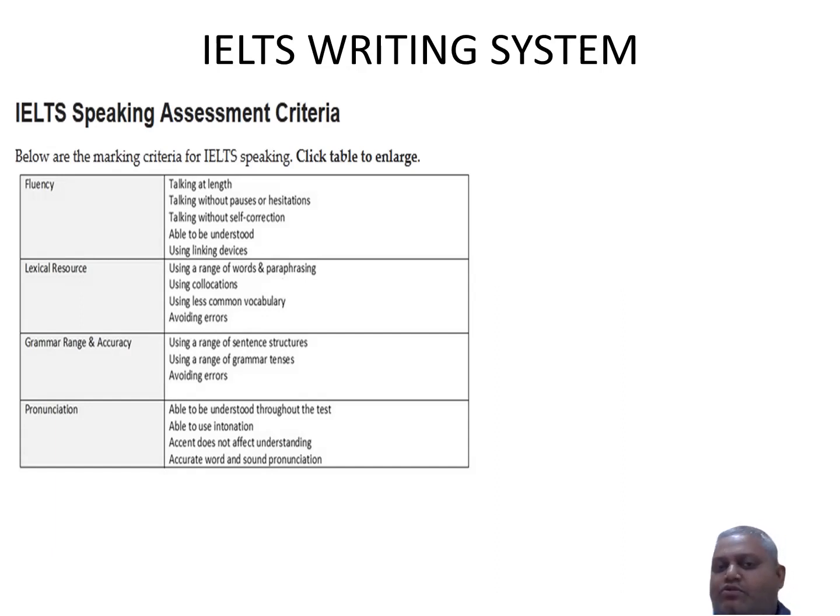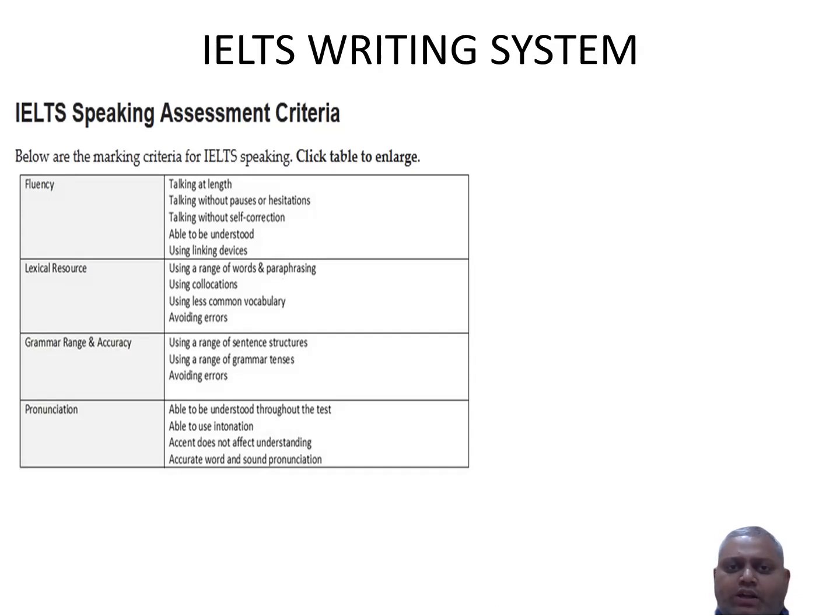Lexical resource means always vocabulary. You should use a varied range of words and phrases which can be used in a formal conversation in IELTS so that your examiner will be attracted and give you higher bands. Grammatical range and accuracy: grammar is one of the most predominant pillars of the English language. Without grammar, you cannot construct a good sentence.